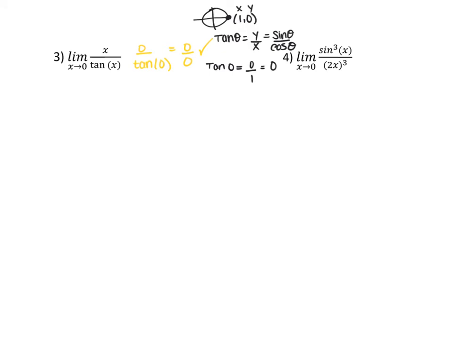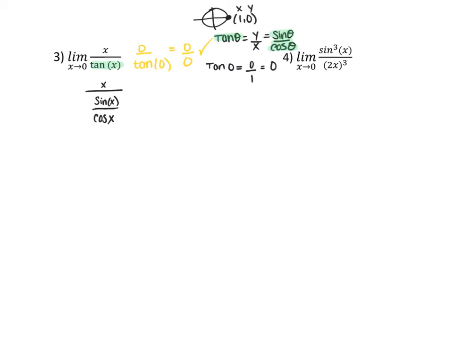So our only way around the hole is going to be to simplify some things. We already know that tangent of theta is equivalent to sine theta over cosine theta. So we can go ahead and replace tangent of x with what it's equal to. We have x on top, and then for tangent, instead of theta, I'm putting x, so sine x over cos x.